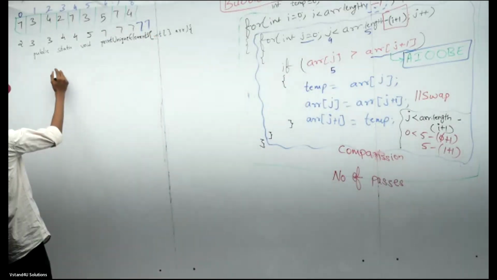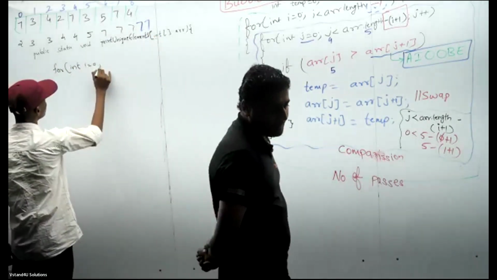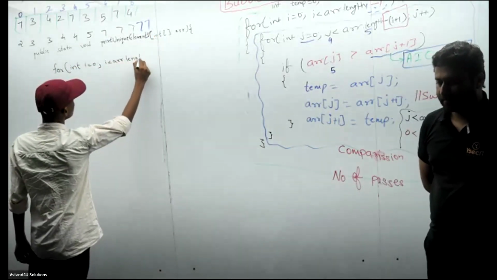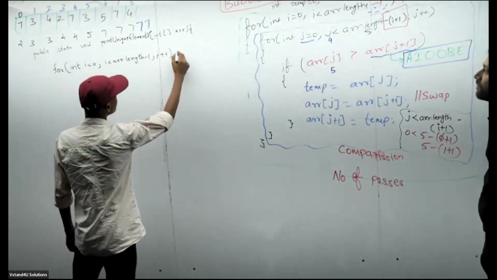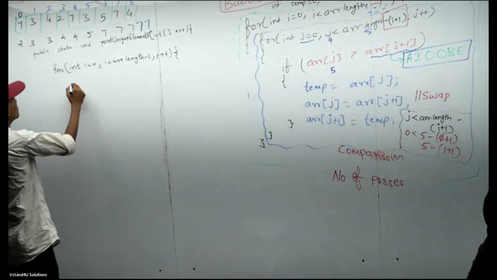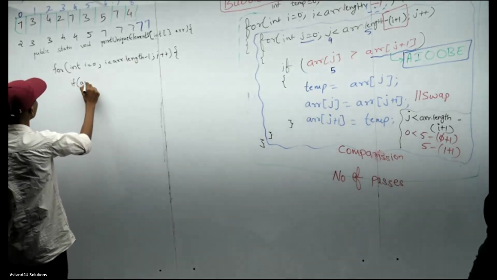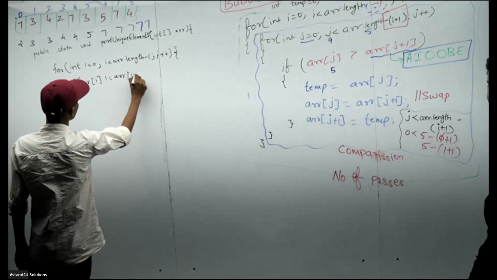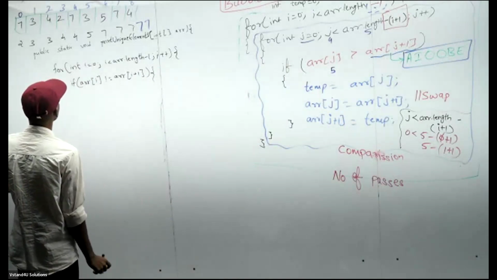What's your name, buddy? Shravan. All the elements are duplicate.